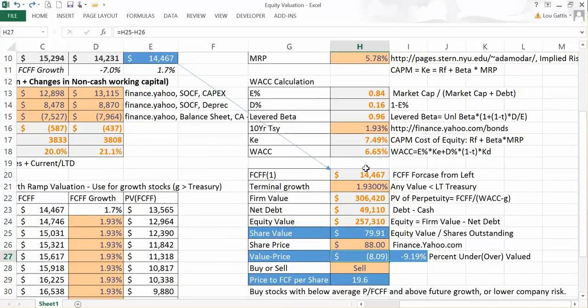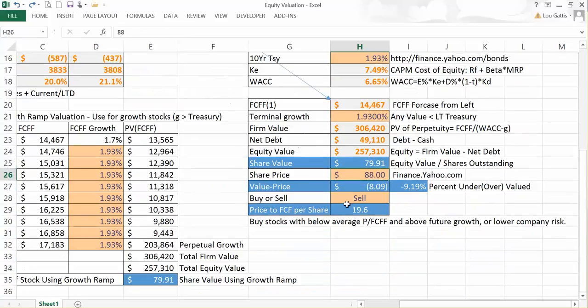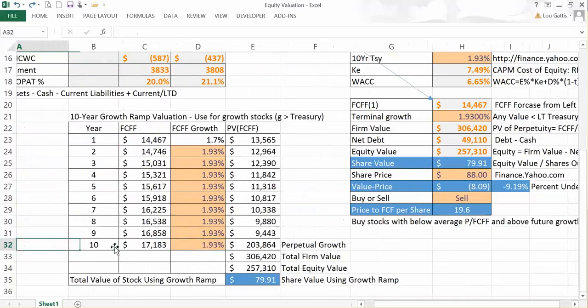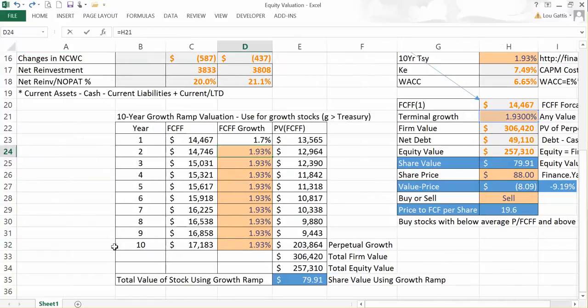So you could use this just to value a firm that is in constant growth at this point, a very mature firm. You'll notice this 79 shows up here too, because I have another set of growth assumptions here, where you could estimate growth for the next, say, 10 years, and then assume it grows at some constant rate. Here I just have it growing at 1.93% every year.